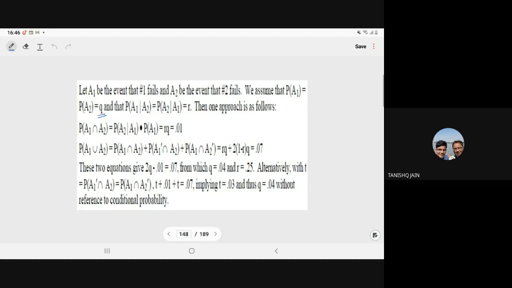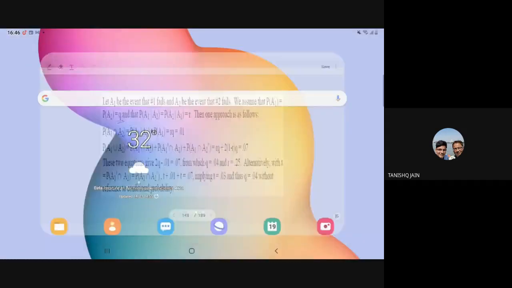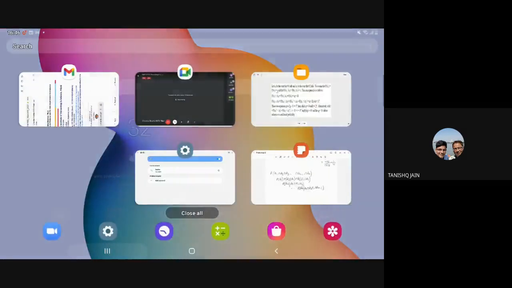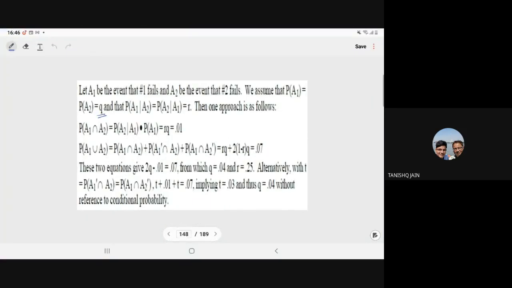So here we know that to compute both pumps failing means P of A1 intersection A2. By the multiplication rule, it becomes P of A2 given A1 times P of A1. We already know this value is R and this value is Q, so it becomes RQ, and this is given as 0.01.